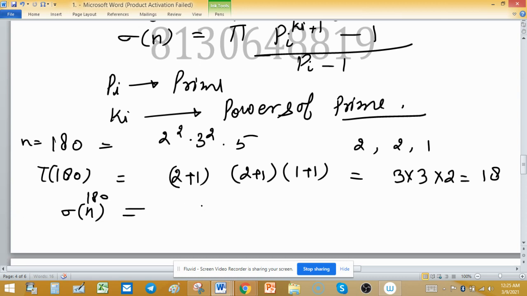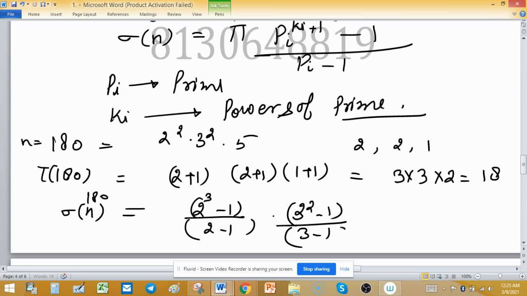will be (2 raised to the power 3 minus 1) divided by (2 minus 1), into (3 raised to the power 3 minus 1) divided by (3 minus 1), into (5 squared minus 1) divided by (5 minus 1).